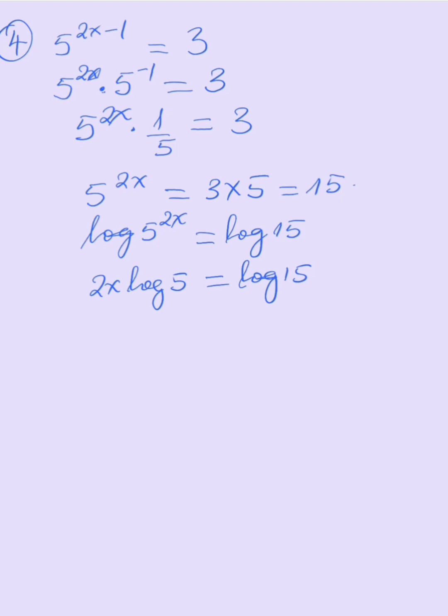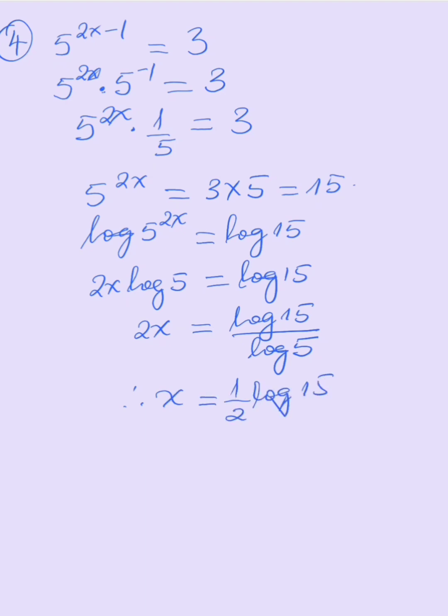From here now we are seeking to make x the subject, so we can divide both sides by log 5, so that we get 2x equals log 15 divided by log 5, and then we multiply both sides by half, or divide both sides by 2, so that x equals half log 15 all over log 5.